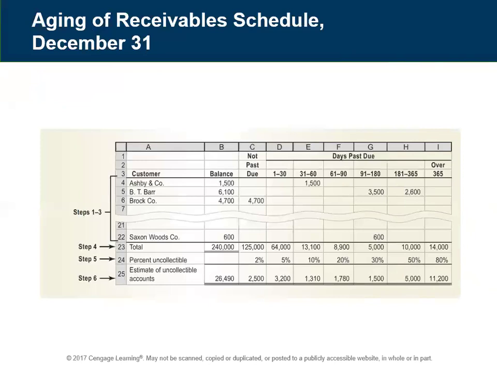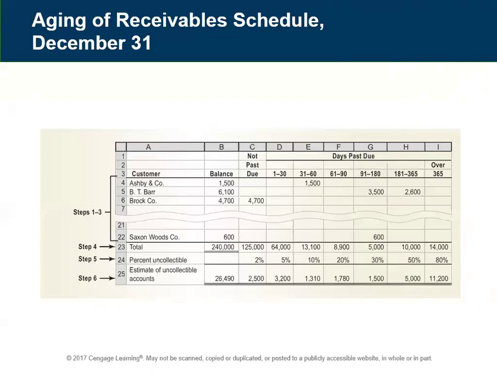That's what I'm going to call our desired ending allowance for doubtful accounts balance. A lot of words, I know. When we do our estimate using our aging, the number we come up with, the estimate of uncollectible accounts, is what we want as our ending allowance for doubtful accounts balance. Okay? It already has a balance.